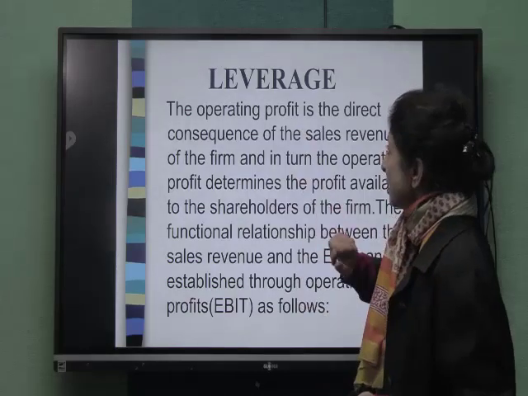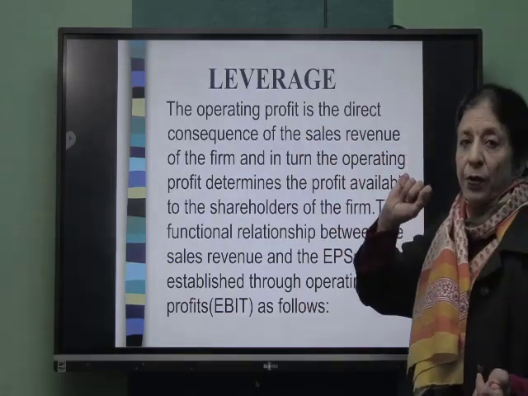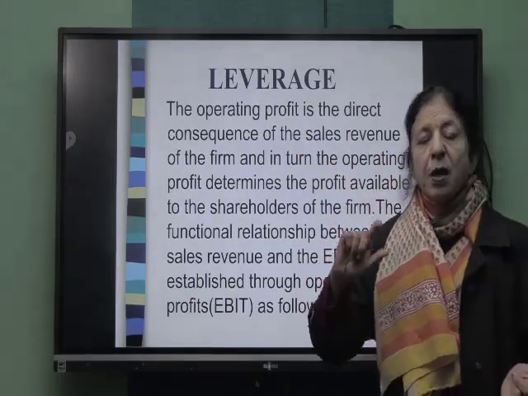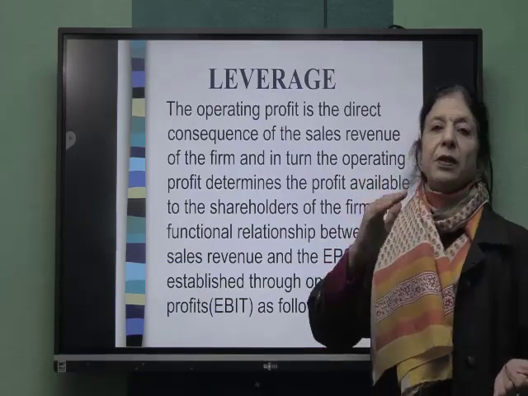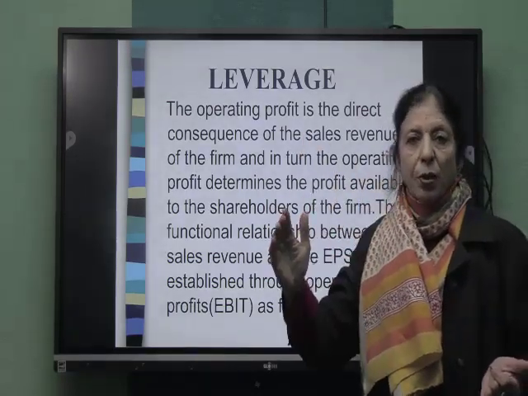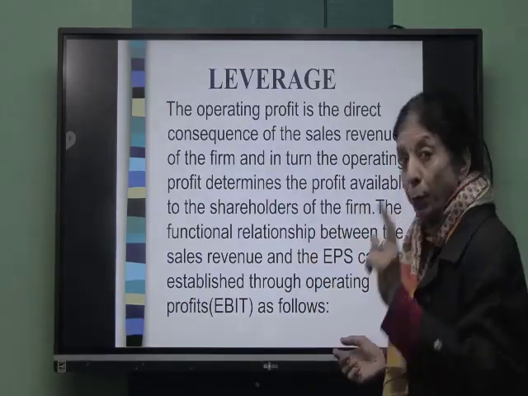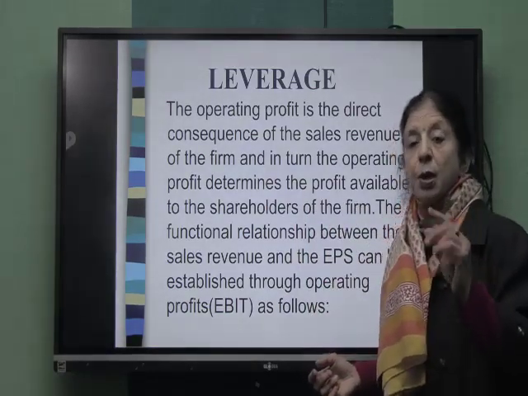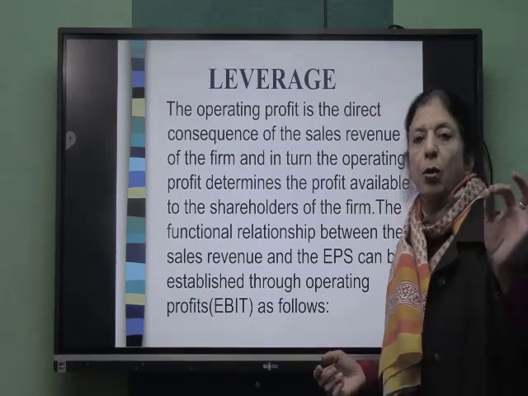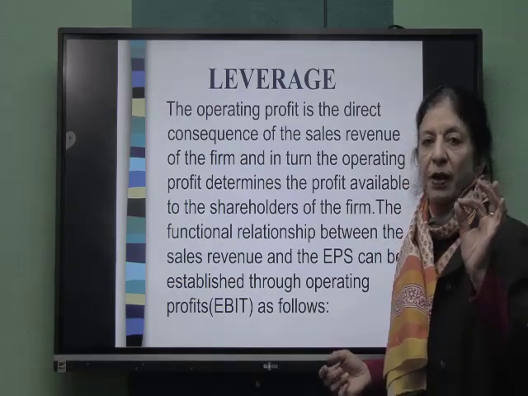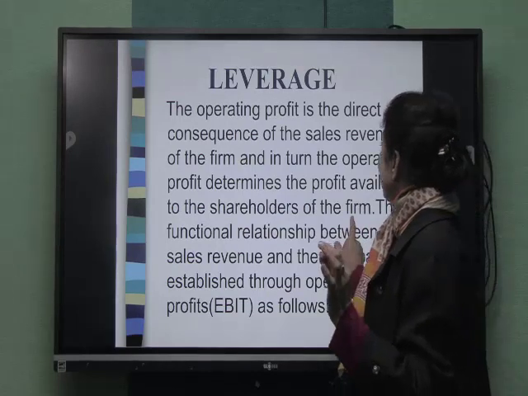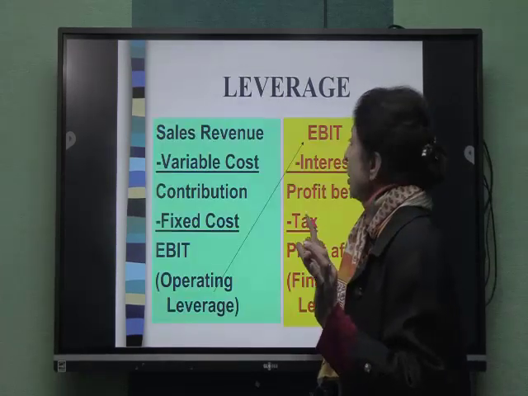Now, just see, what is an operating profit? Do you understand what is an operating profit? Operating profit is from the sale. If you deduct all the expenditure, that will be called the operational expenditure. Please remember, not non-operational, only the operational expenditure you have to deduct. And therefore that will be called the operating profit.